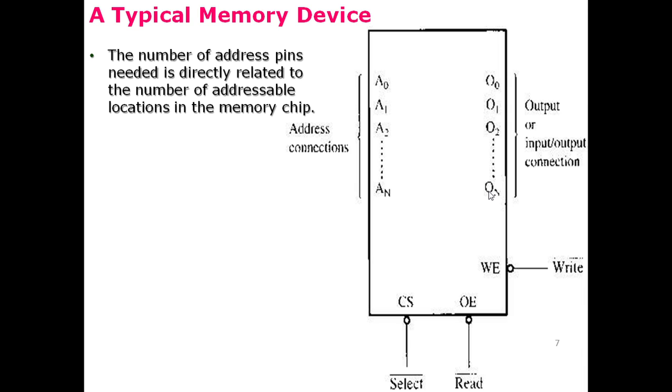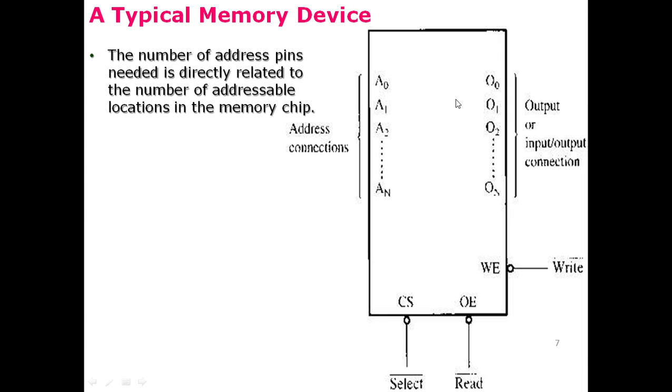So the number of address pins on this chip is directly related to the number of addressable locations in the memory chip. The more addressable locations available in this memory chip, the more address pins there would be on this chip. And the number of output pins on the chip depends upon the data bus connected to this chip, and also the number of bits that can be stored at each location of the memory.